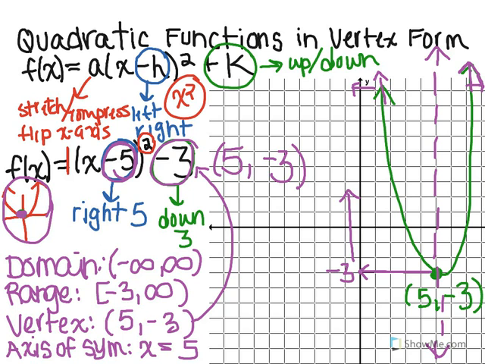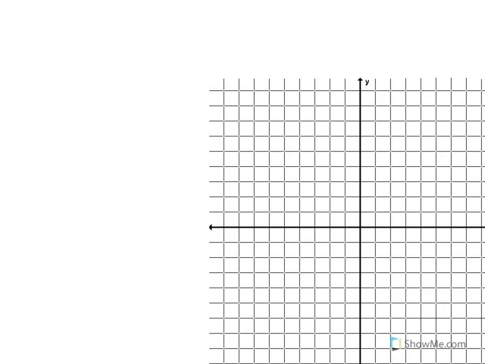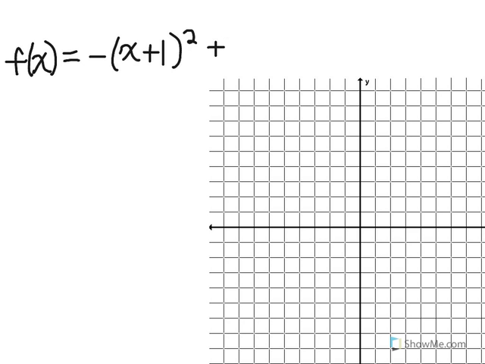And let's just look at one more. Let's say that we have f of x is equal to -(x + 1) squared + 7. So let's look for the same things. That's going to look like the x squared graph.